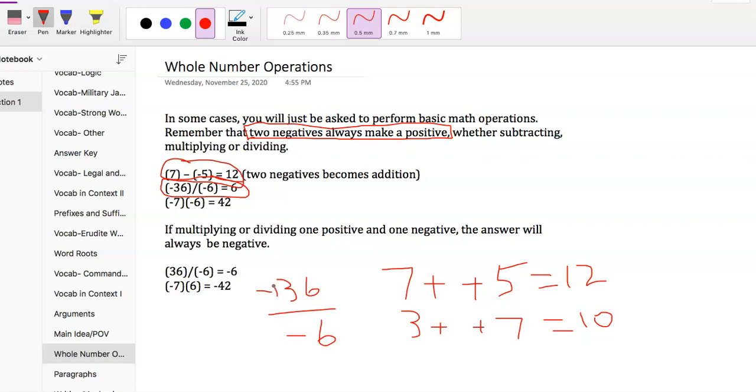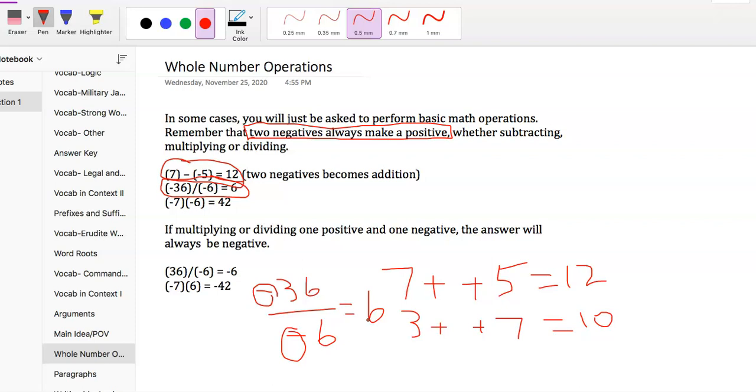When we have a negative in the numerator, the top part of the fraction, and a negative in the denominator, the bottom part, that means the answer is going to be positive. So 36 divided by 6 is 6, and negative 36 divided by negative 6 is also 6.